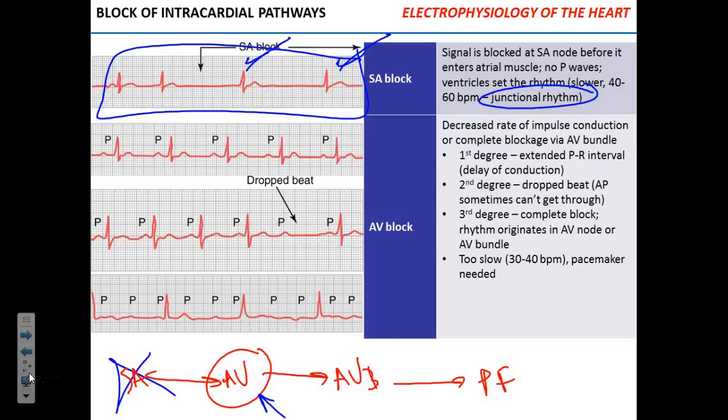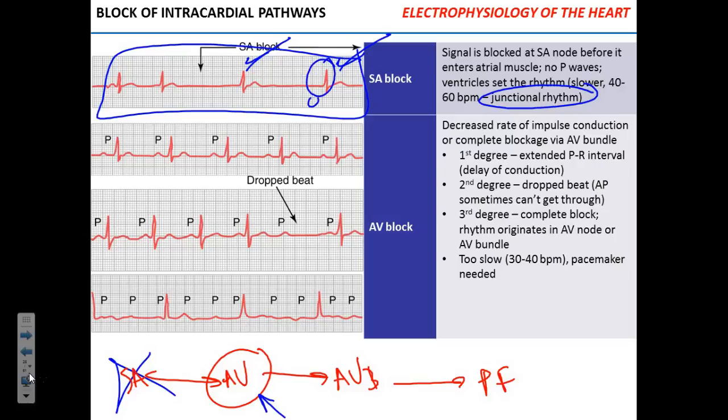When you don't have a functional SA node, the easiest way to diagnose it is the absence of one element on the EKG. Can you identify that element? P wave. The P wave is gone, right?